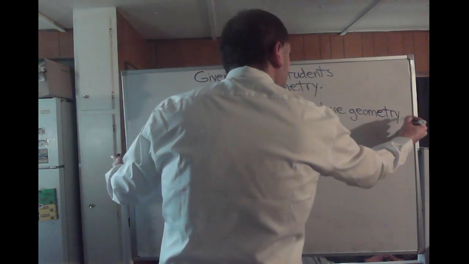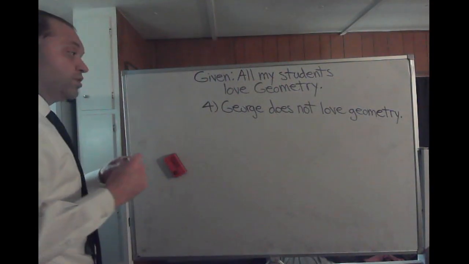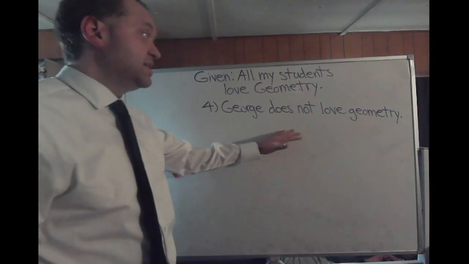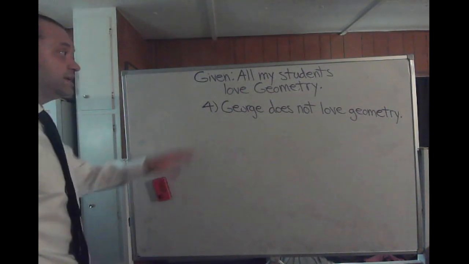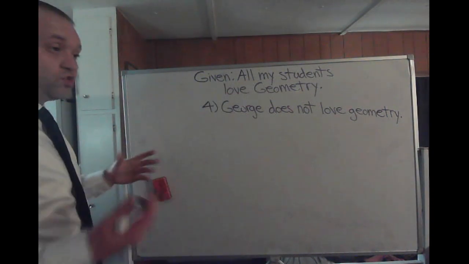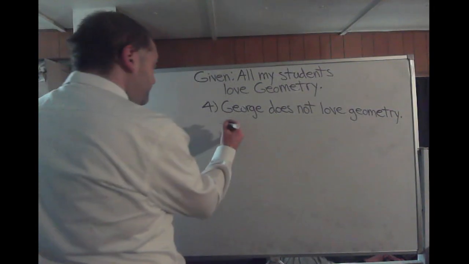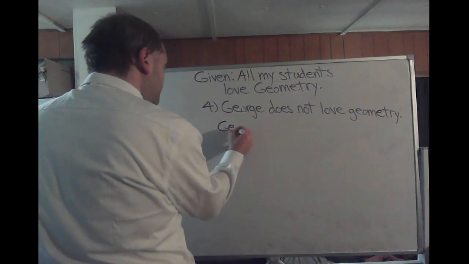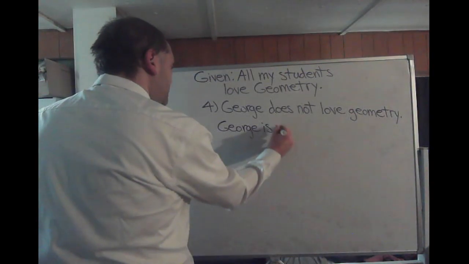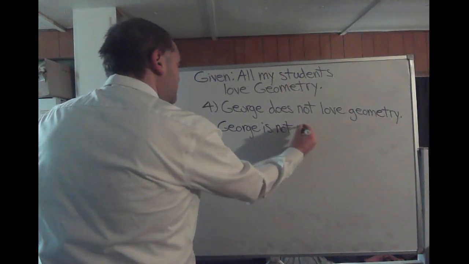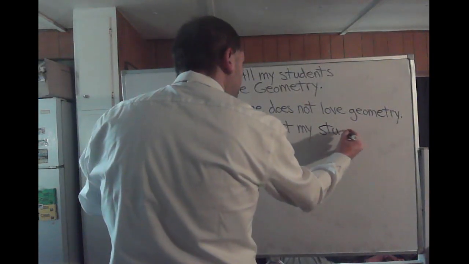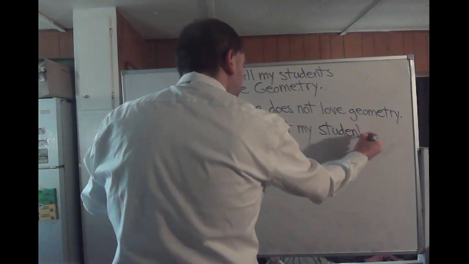Okay, so the additional statement we're given, in addition to the given information, is that George does not love geometry. Well, read the given. All my students love geometry. Well, George does not love geometry, therefore George is not my student. That would be the conclusion. George is not my student. Would be the best conclusion you could possibly reach.